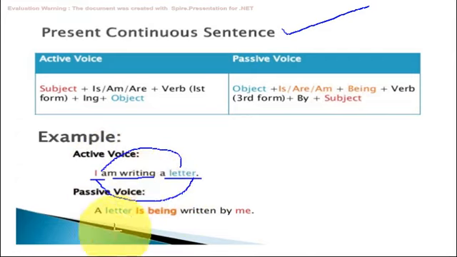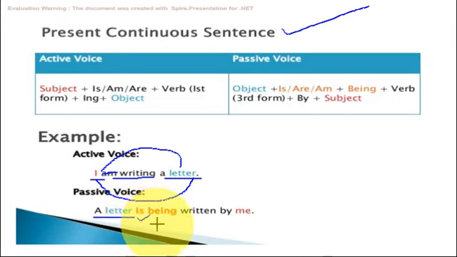Now we have taken the object, a letter, at the place of the subject. Then after a letter, can we use am here? Of course not, because a letter is singular, and with a singular subject we have to use is. We used is here, right?